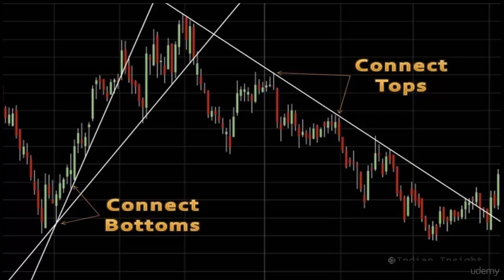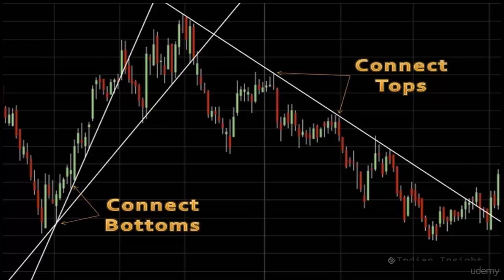So by getting out of a position on appearance of a reversal pattern, you may stand to lose by exiting trades prematurely. So it becomes important not only to identify trends using a trend line, but also to hold on to winning positions unless these trend lines are broken decisively.